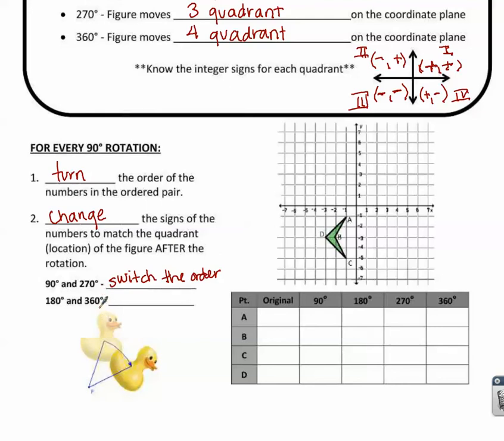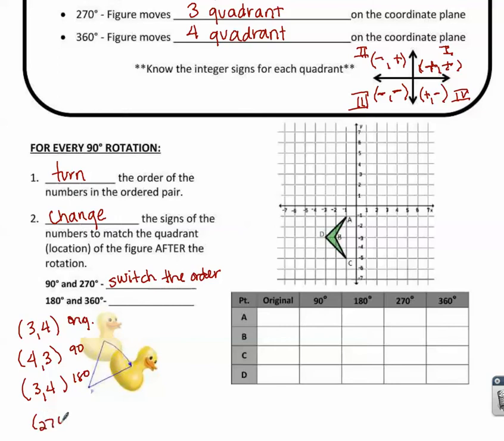because you're flipping the numbers twice. For example, if you have the ordered pair 3, 4 for the original, and then if I rotate it 90 degrees, I'm going to flip the numbers, and then at 180 degrees, I'm flipping the numbers again, which are back at the original order.